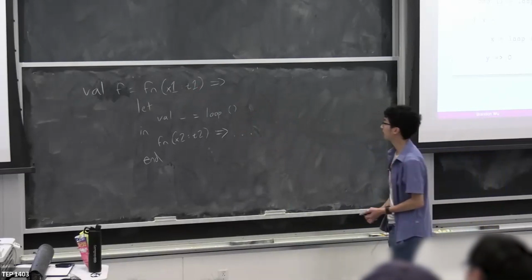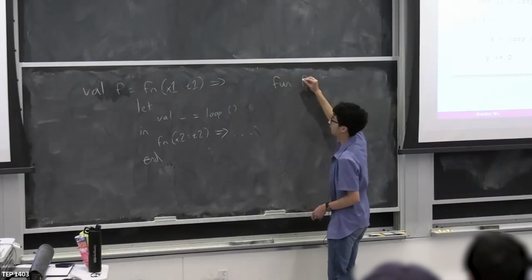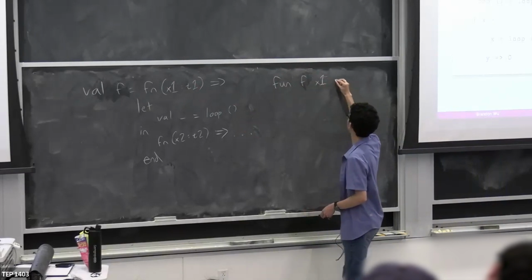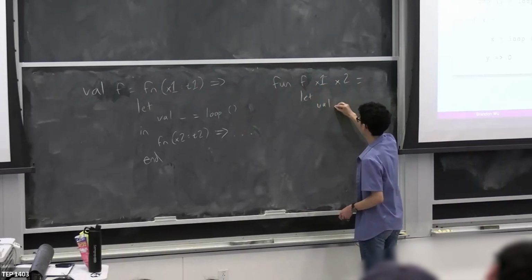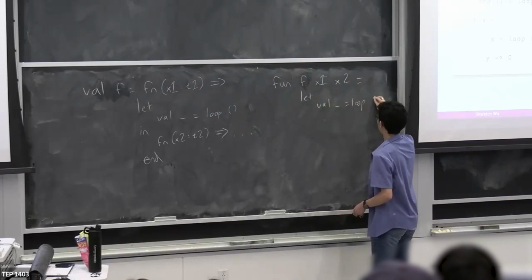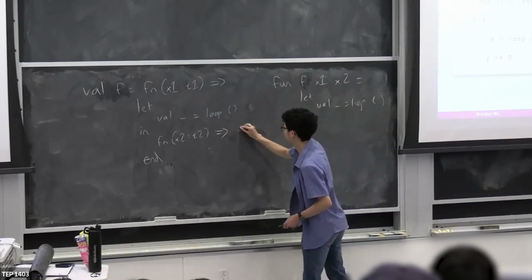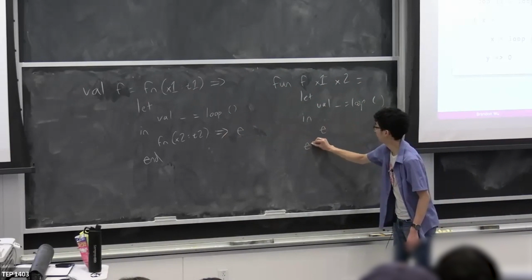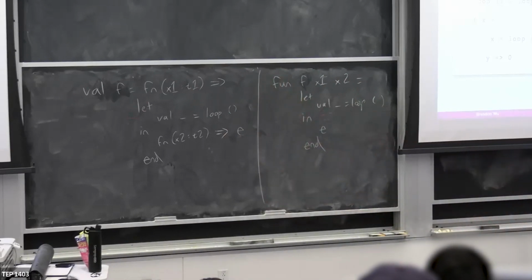But if I write something like this, I just kind of screwed myself by using different letters, but x2 equals, let's call it E. Let's say there's some expression E that I wanted to return here. I'm not going to define it, but let's say it exists. Do you see the distinction between these two things? Is this one total?